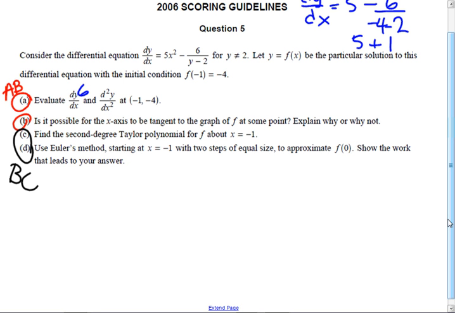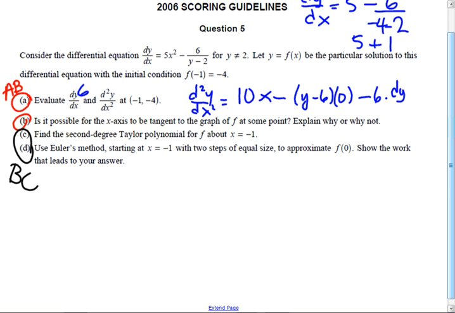You'll have both in there. Second derivative is 10x minus the denominator times the derivative of the numerator minus the numerator times the derivative of the denominator, which is dy/dx, all over (y minus 2) squared.